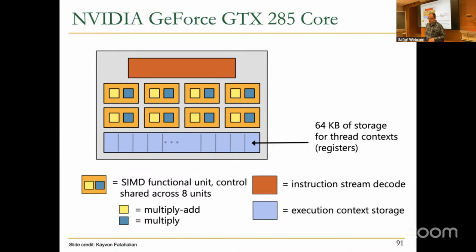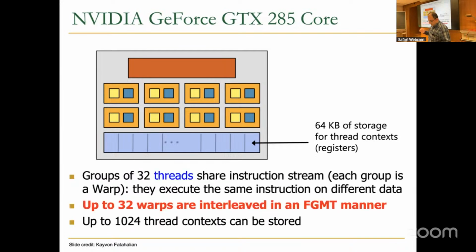The warp size is 32, and up to 32 warps are interleaved in a fine-grained manner in each SM, meaning that the maximum number of threads you can schedule per SM is about 1,000 in this architecture, because you can have up to 32 warps, and each warp is 32 threads.